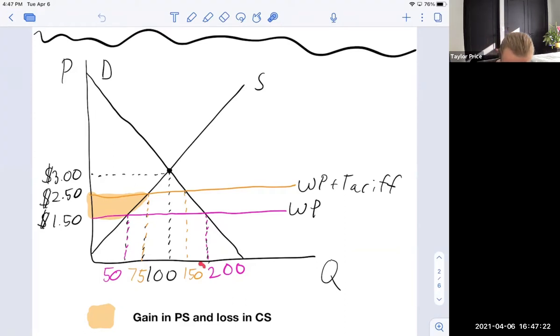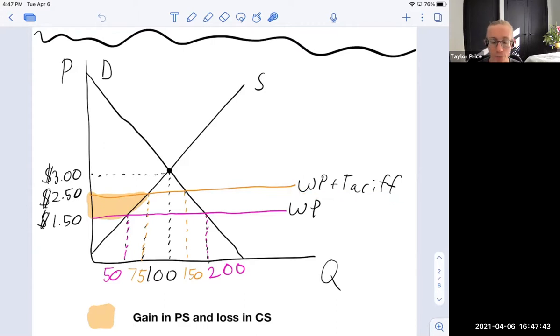So we're now at 150, and that increases domestic supply because the price is higher. So now they're at 75. So the difference between 150 and 75 is going to be the amount of imports at the world price plus tariff.